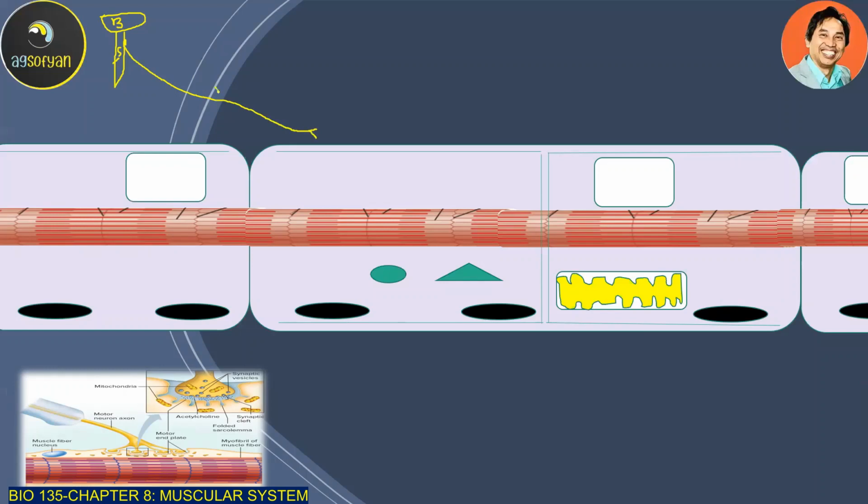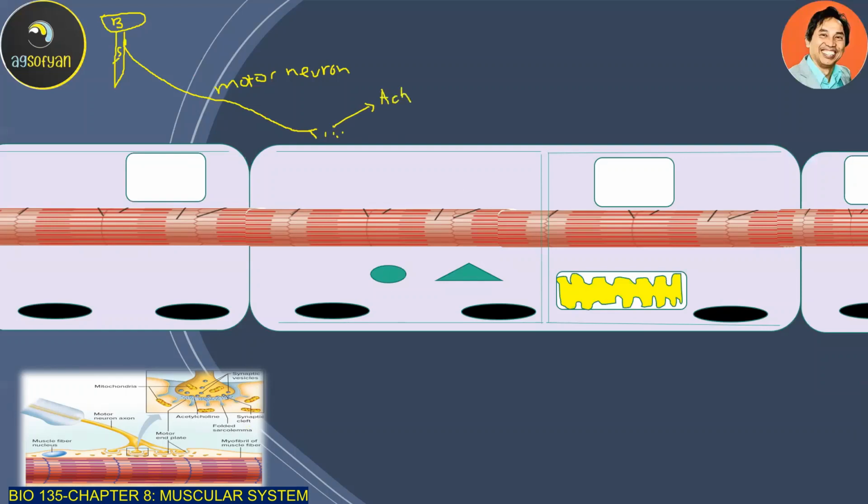Okay, so this is a motor neuron. This motor neuron will release the neurotransmitter. This neurotransmitter is called acetylcholine, ACH.